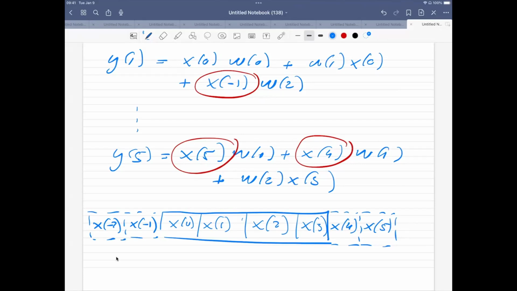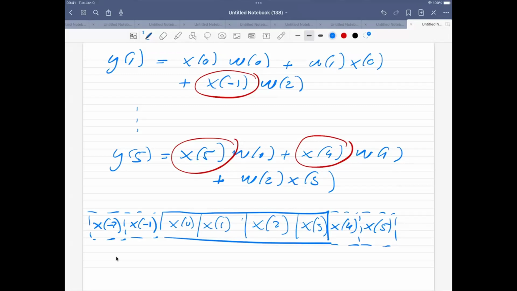rewrite and redefine the variables x minus 2, x minus 1. So we could simply rewrite this to x0, x1, etc. There's nothing which hinders us from redefining the summation variables.